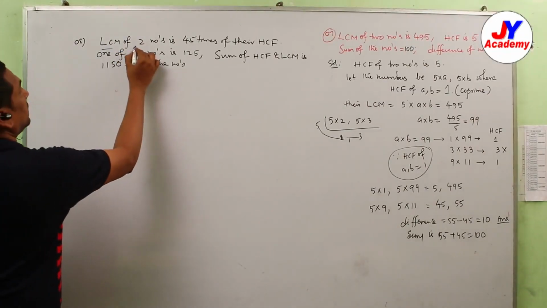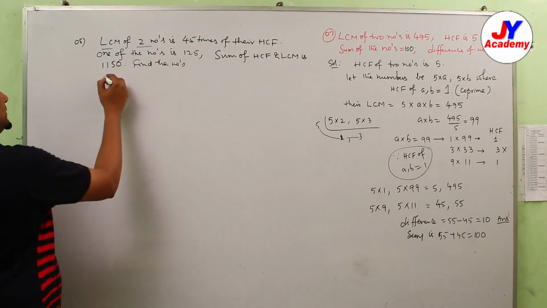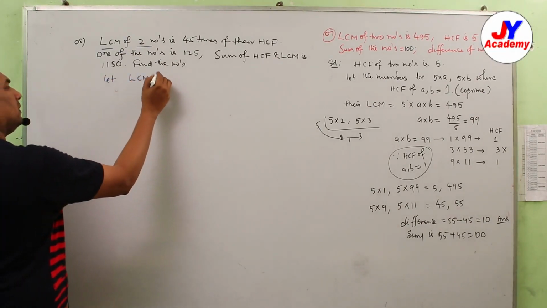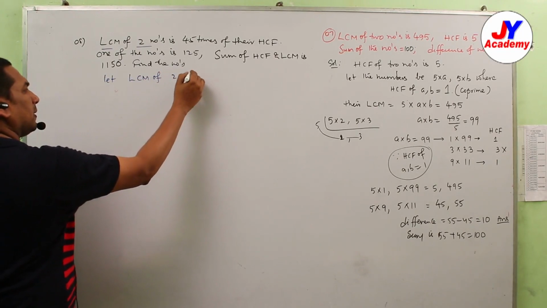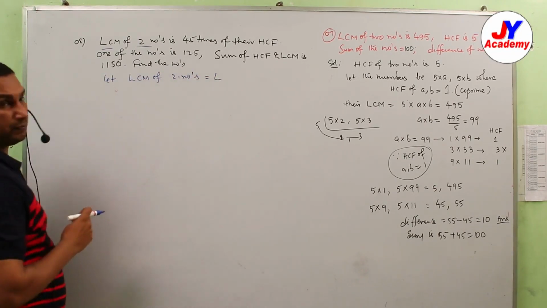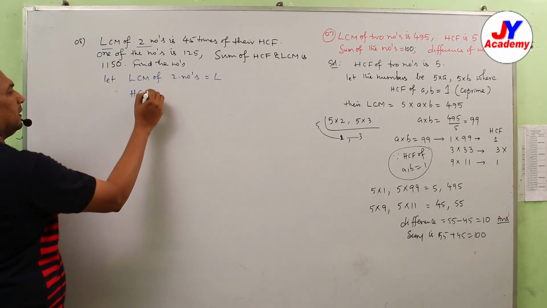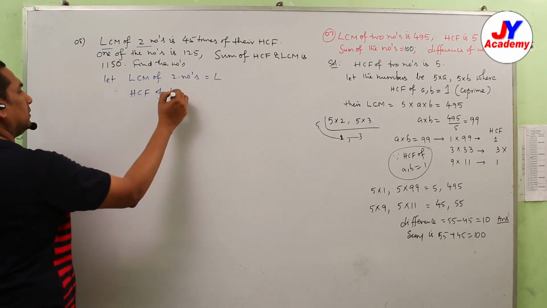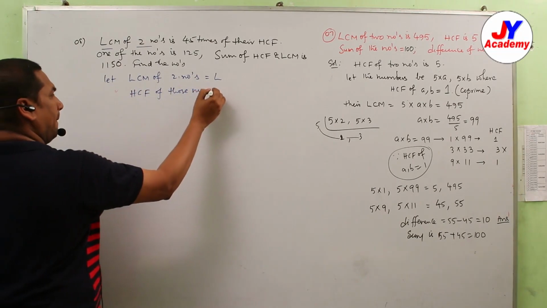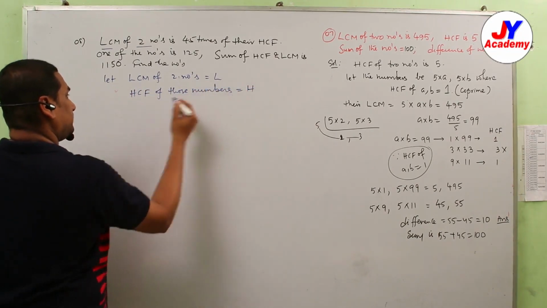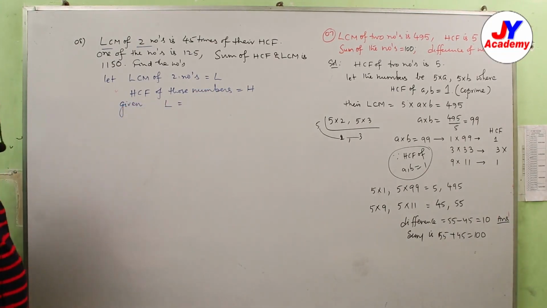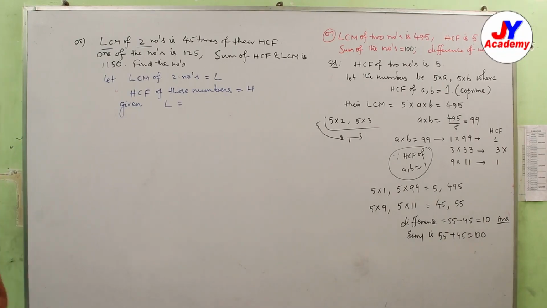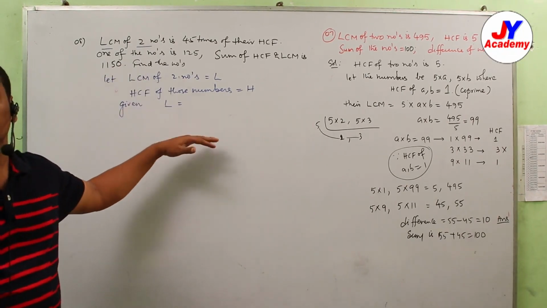See, let the LCM of the two numbers A and B be L, and their HCF be H. It is very important that the sentences given in words should be converted into symbols.